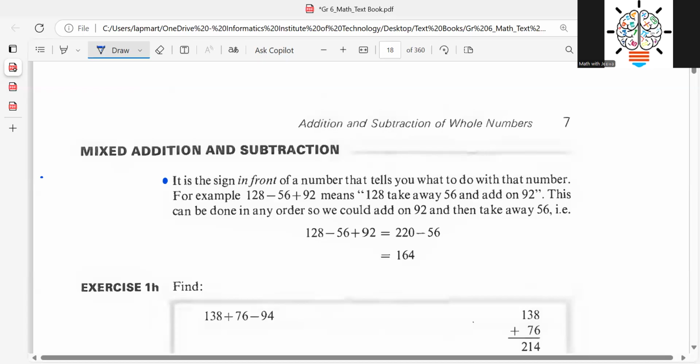I hope all of you copied down this statement, the first one, right? Only that statement, that's enough. So under the subtopic, it is the sign in front of a number that tells you what to do with that number. That is one point you want to write.